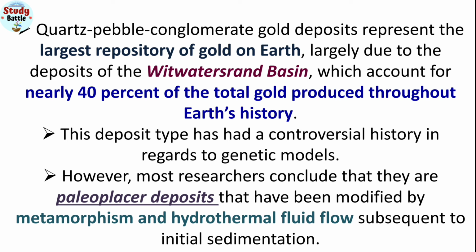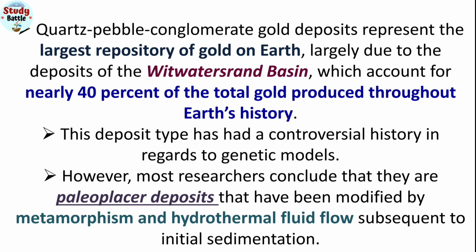And they have a great controversial history with regard to genetic models, meaning the genetic processes of formation of this gold are a bit of a point of controversy. However, most researchers conclude that they are paleoplacer deposits.